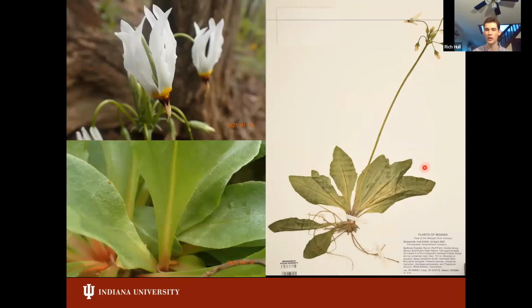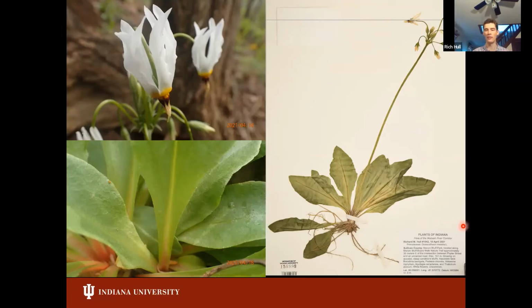And then here, the specimen's preserved on the right. It's mounted on archival paper here at Indiana University. This fragment folder is full of fragments from the plant that can be sequenced if need be at a later date. And then we have the barcode down here for tracking the specimen within the collection.